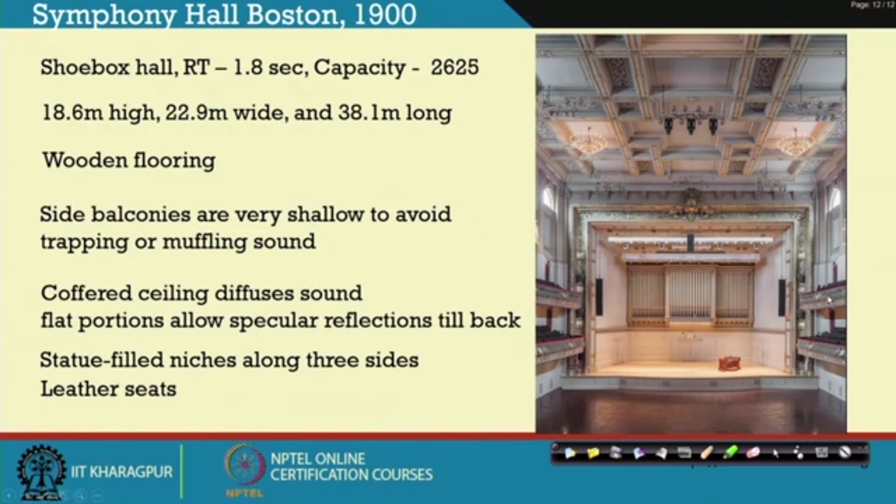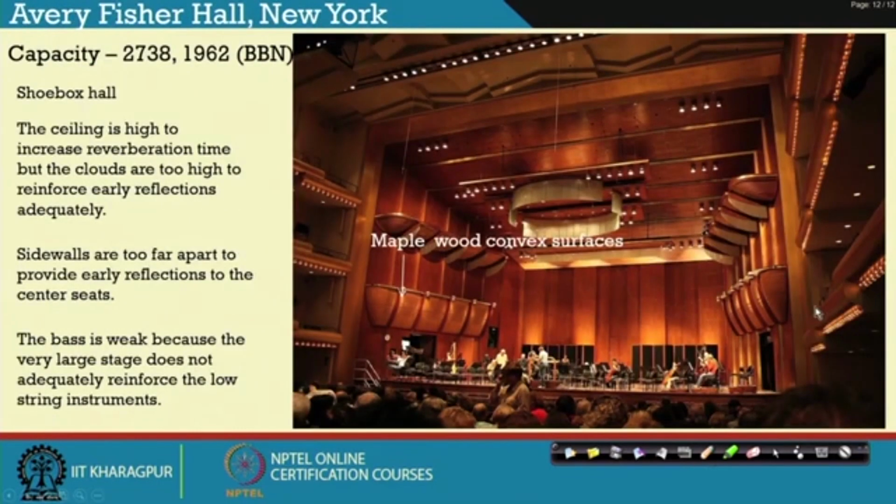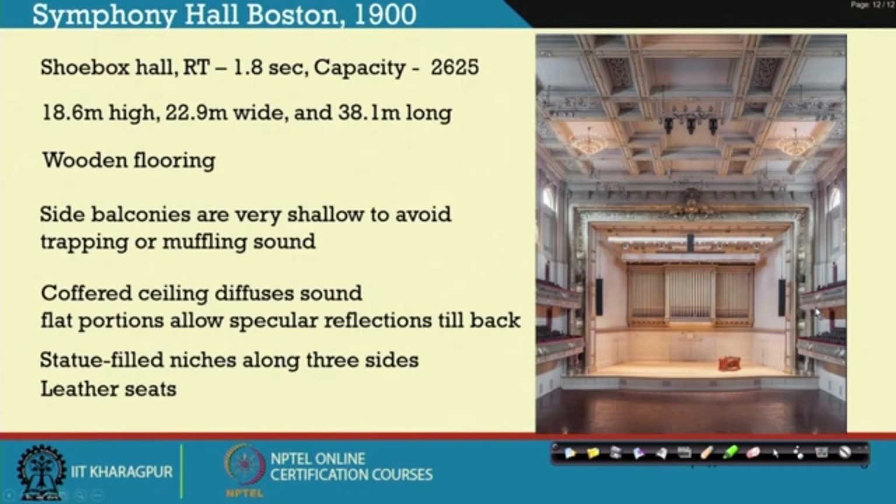You can see the balconies here on the sides. You can see the balconies here. So, these were very narrow balconies on the side to avoid any kind of trapping or muffling of sound.